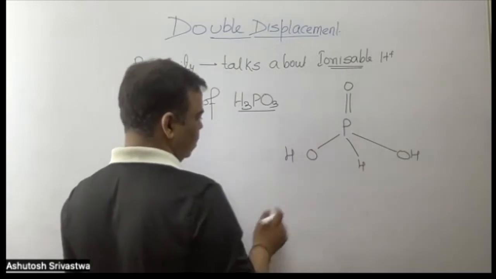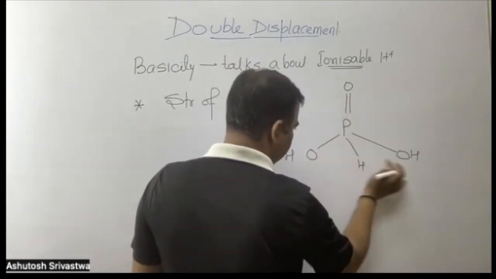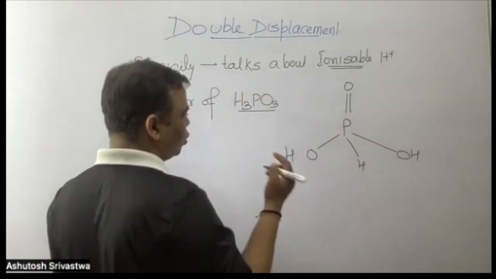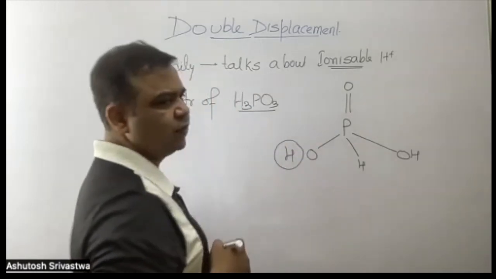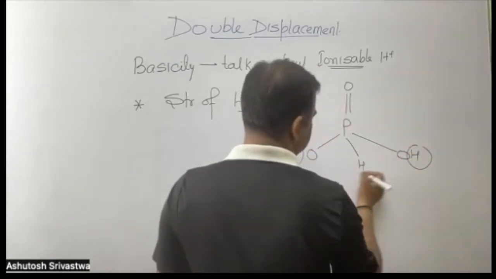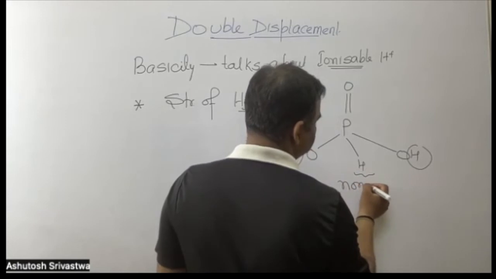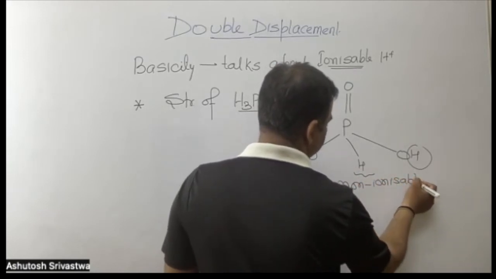There are 3 oxygens and 3 hydrogens. So which hydrogen can be ionized? The hydrogen attached to oxygen can ionize. This one can be ionized, but this one cannot be ionized. This is a non-ionizable hydrogen.